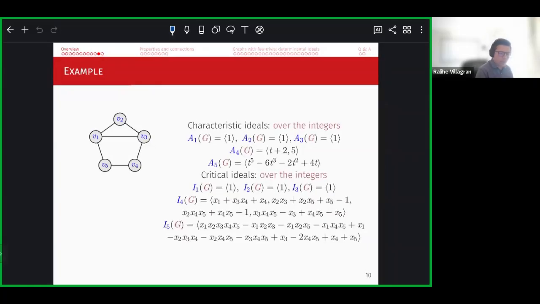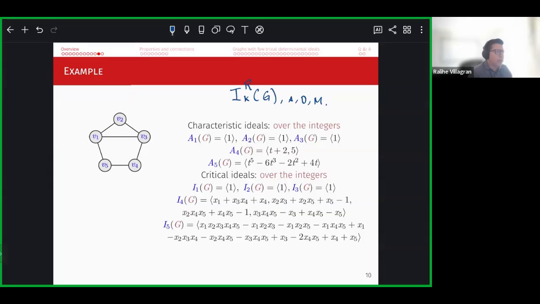So I'm using the notation I_k(G), regardless of the ring, or if I'm using A or the distance or any other matrix. For the purpose of this talk, I'm going to be specific in each case. But the thing is that the ring matters. So these are the ideals.